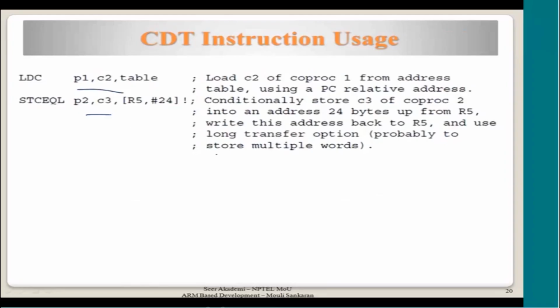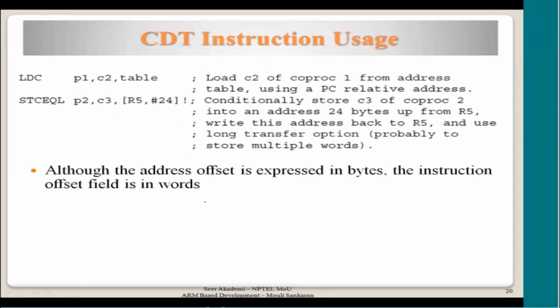So take R5 as a base address, add 24 to that and use that value to access the memory, and it is a store. So C3 of the coprocessor is copied into this address, and then R5 is updated because the exclamation mark is there, so write back happens. And what is this P2? This is the coprocessor P2.